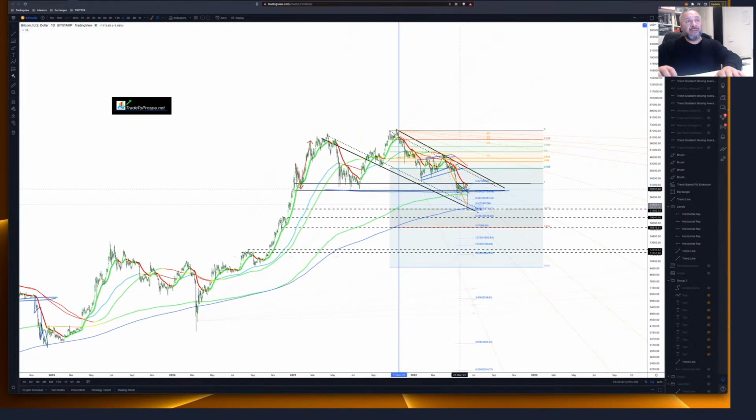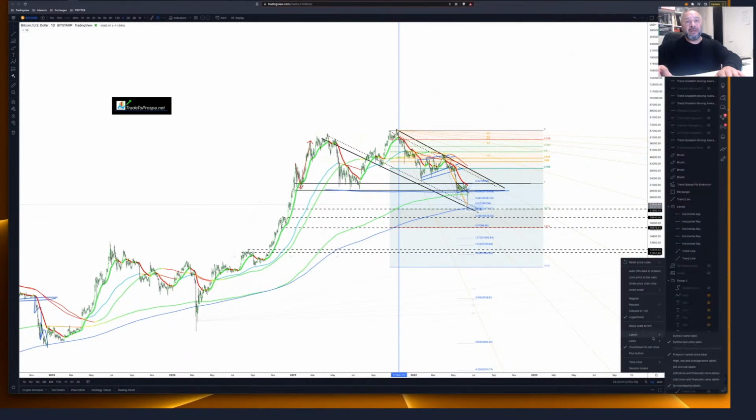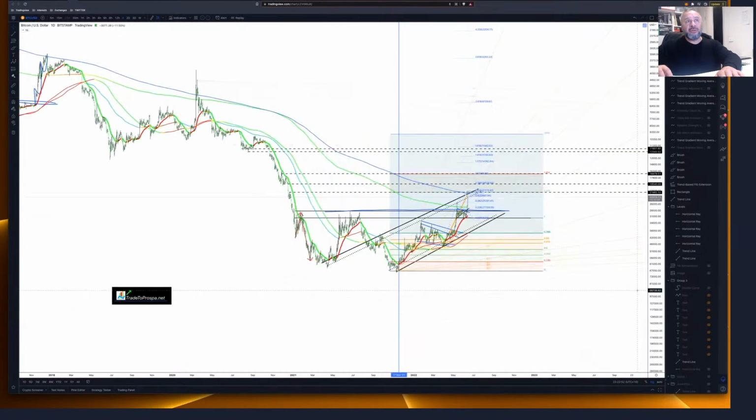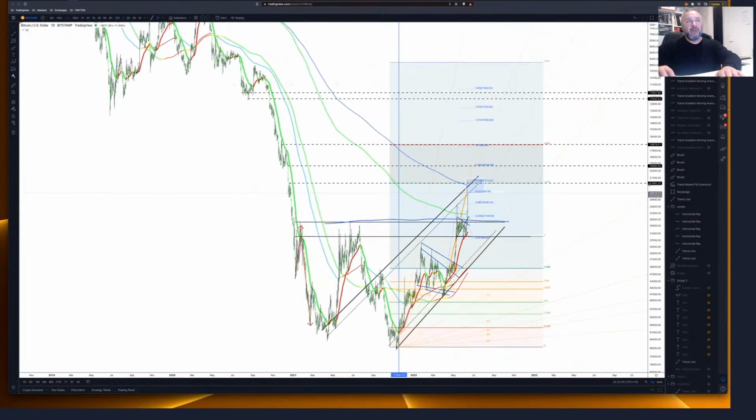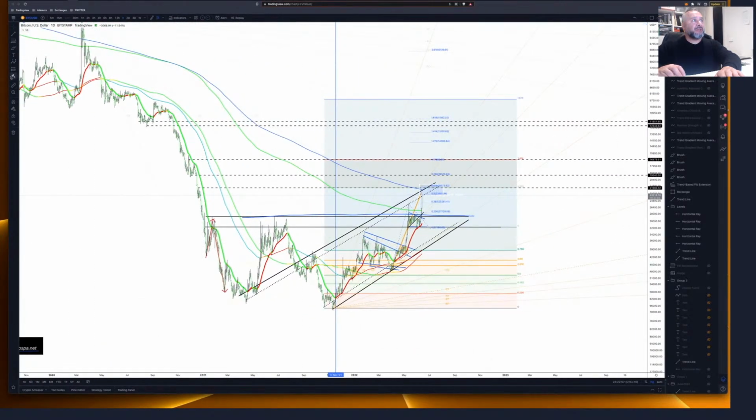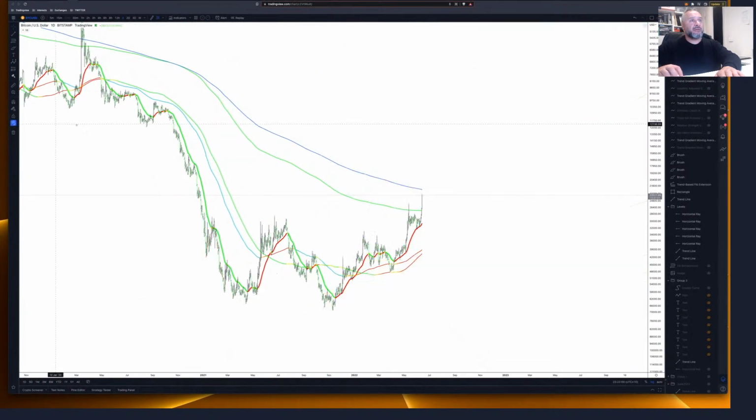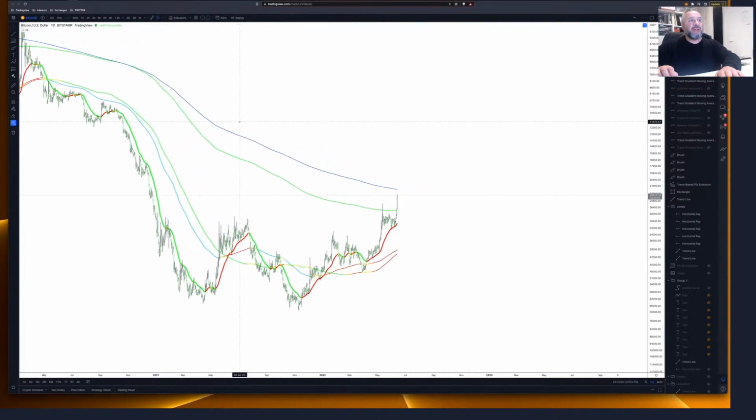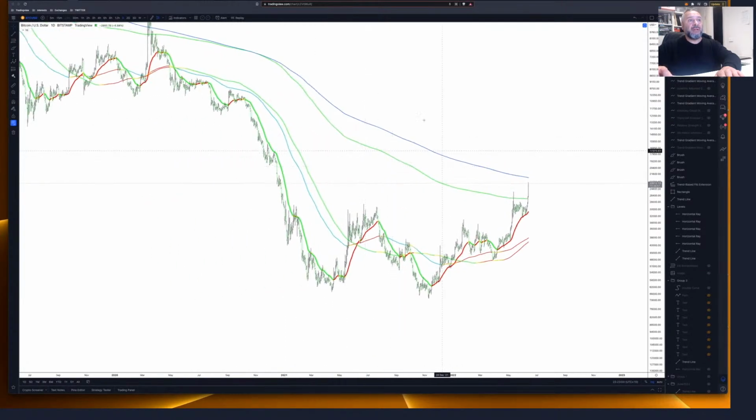What I did was I also did the Fibonacci in an inverted way. So if I was to go inverted scale, and if I was to just clear the screen, you can see that looks like a reversal, but in the inverse way, right? I can't draw tools now here.